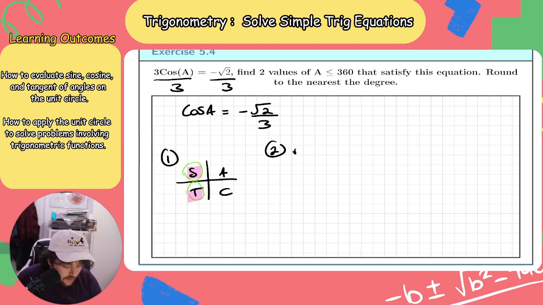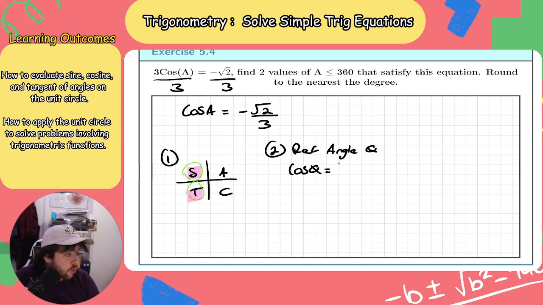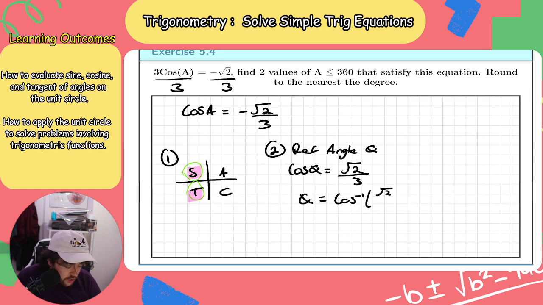Next step, my reference angle. My reference angle, theta. Well, cos theta is equal to minus root 2 over 3. So I'm going to make that a positive root 2 over 3. Theta, my reference angle, is going to be cosine inverse root 2 over 3.